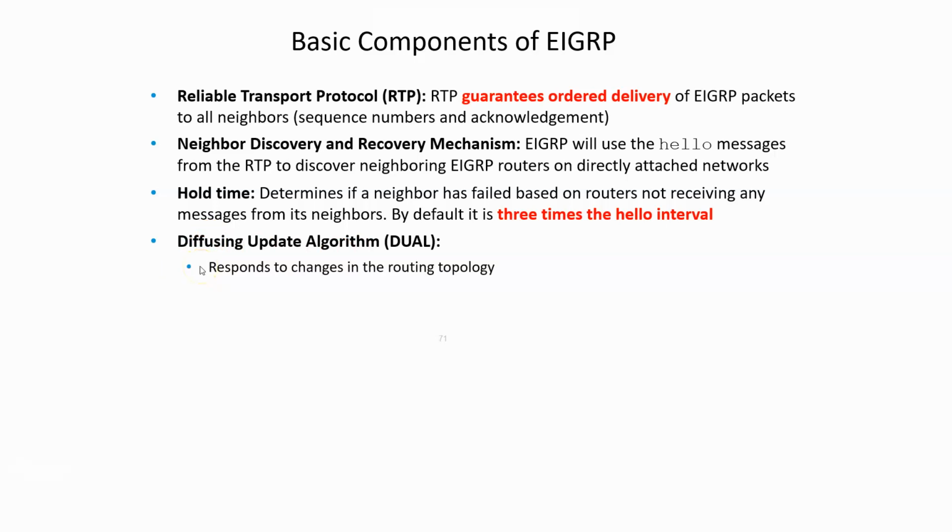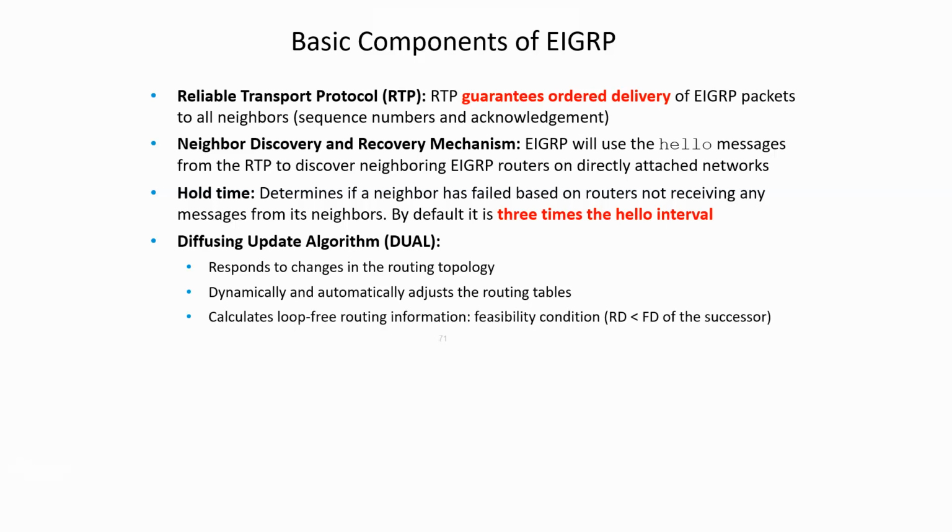EIGRP uses the diffusing update algorithm. It responds to changes in the routing topology, dynamically and automatically adjusting the routing table. That's why we use a dynamic routing protocol. It calculates a loop-free routing topology. Reported distance has got to be less than the feasible distance.